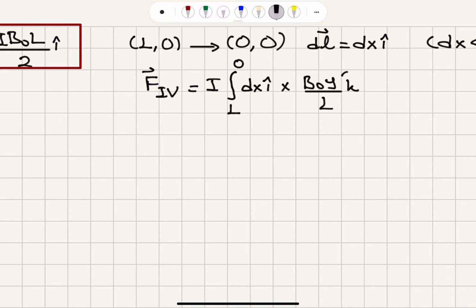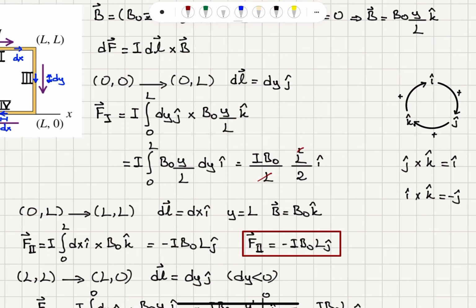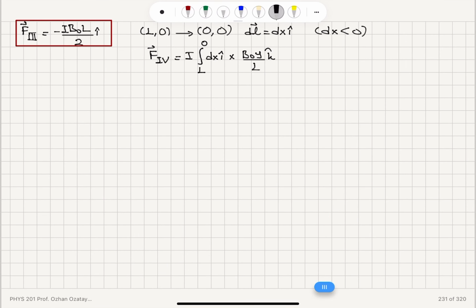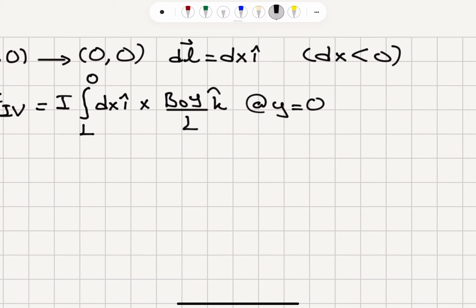k hat. What is I hat cross k hat? I hat cross k hat is minus j hat. So that I'm going to substitute here. Because this is being done at y is equal to 0, the magnetic field here is 0. So that integral is being performed at y is equal to 0.